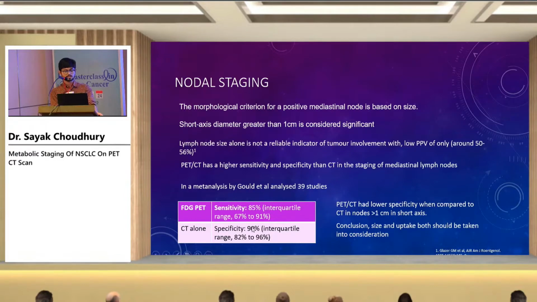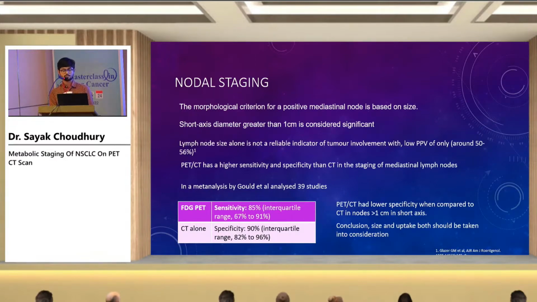This study from 2006 is a meta-analysis. It showed that FDG PET-CT has a sensitivity of 85% and specificity of 90%. However, that study also showed that PET-CT has a lower specificity as compared to CT in nodes greater than 1 centimeter in short axis. So in conclusion, size and uptake both should be taken into consideration.